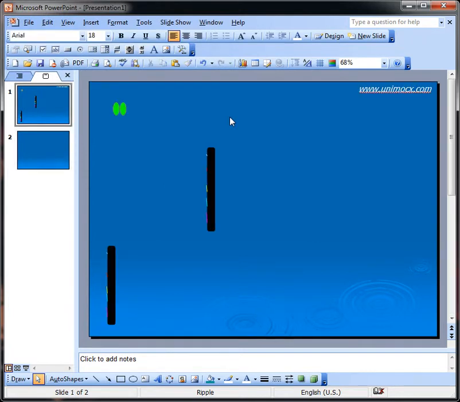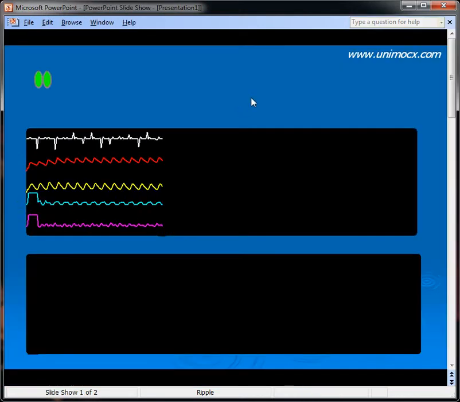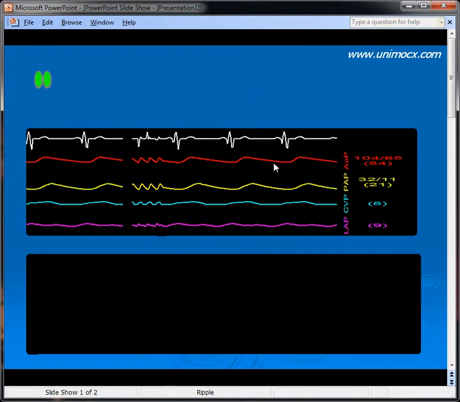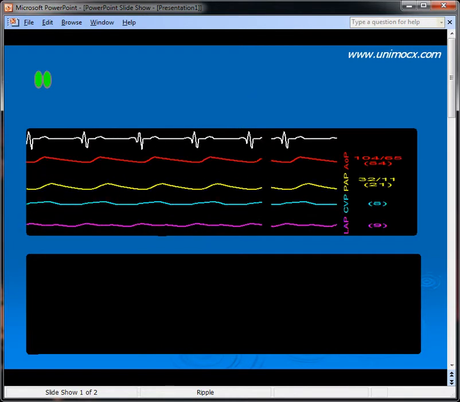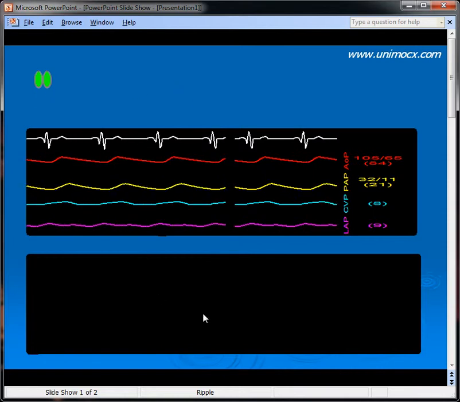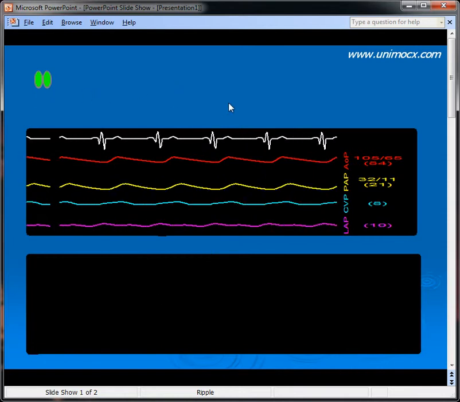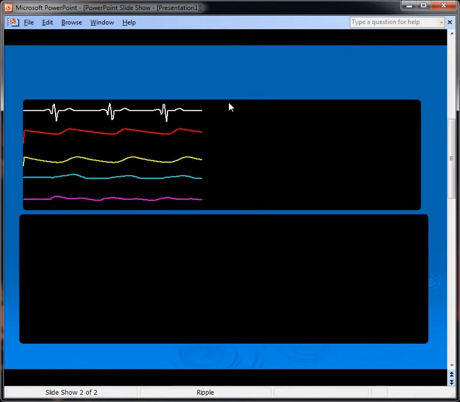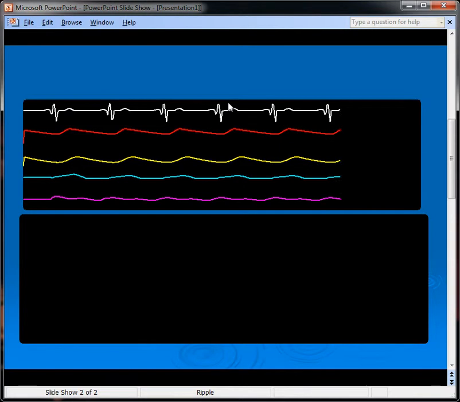We'll start our presentation. You'll see that, again, we're showing information on this chart, which is connected to this control through that network. This chart is not showing anything because there is no UniMocX control 1201. You'll see on the second page, same situation.